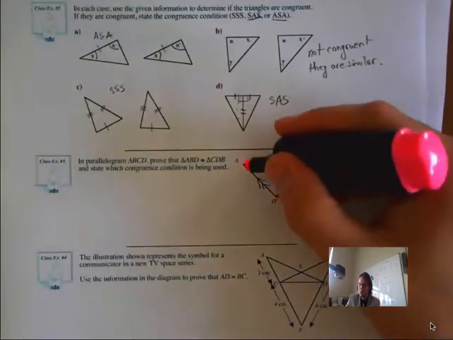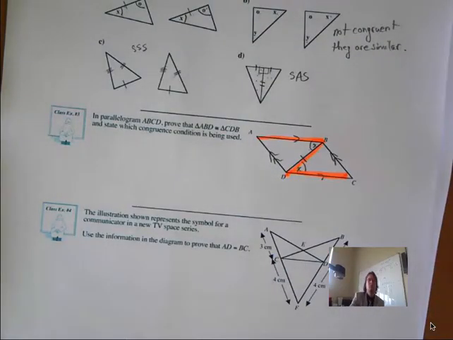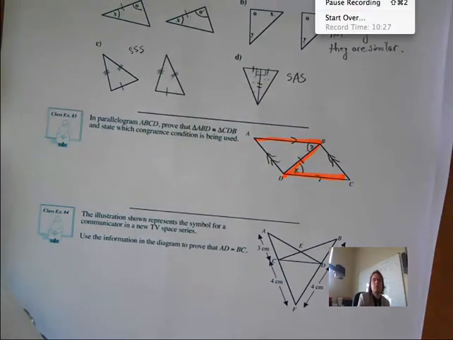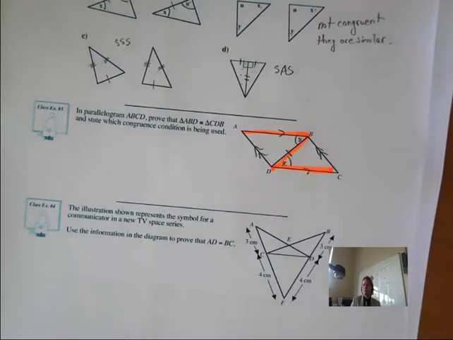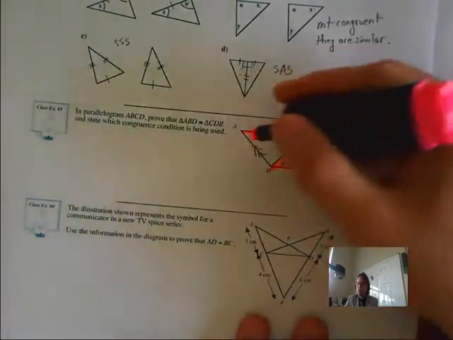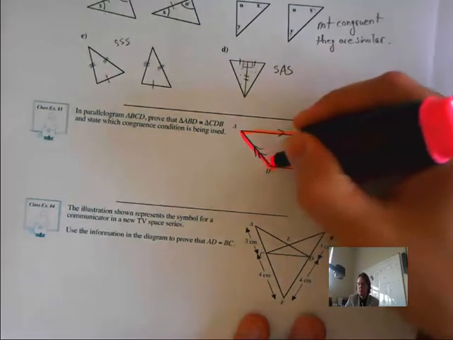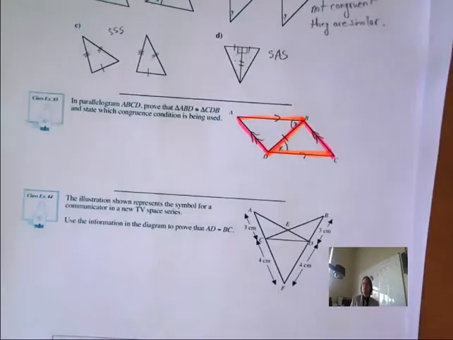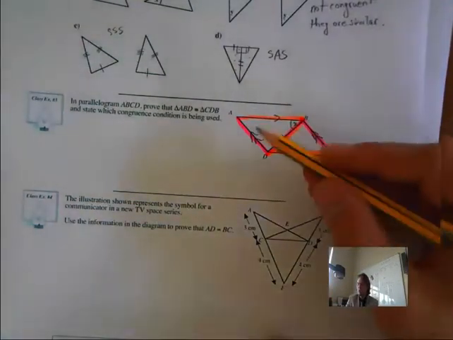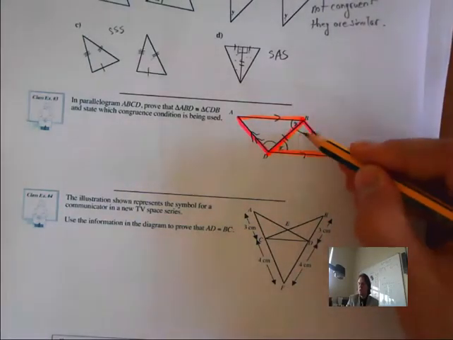Let's take a look at this. Now we can make another Z. With this Z, we want our opposite corresponding angles. So this and this.